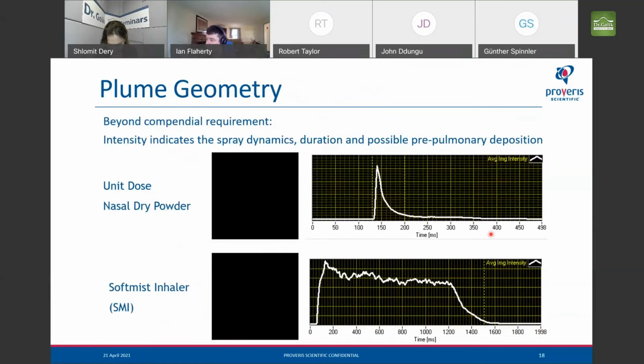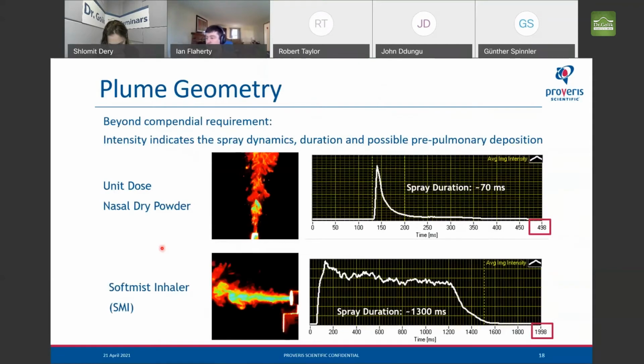And this is an example highlighting that last point, showing two very different devices. On top, we have a unit dose nasal powder, which is a very quick dispensing of the drug, with a very narrow angled plume.